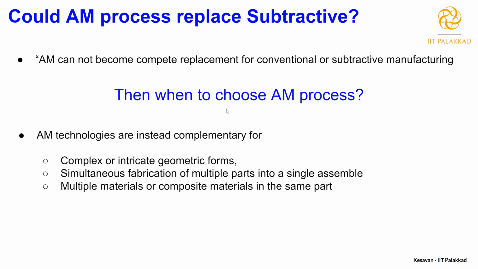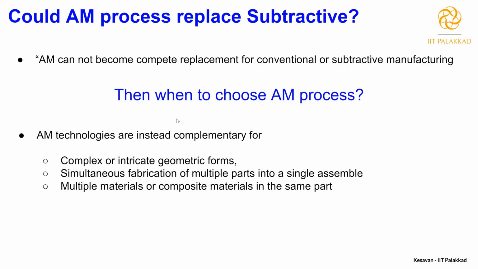First of all, additive manufacturing is not replacing the conventional manufacturing process; rather it can act as a complement. For example, you may find some difficulty in manufacturing components by using conventional methods. In that case, you can think of additive manufacturing.